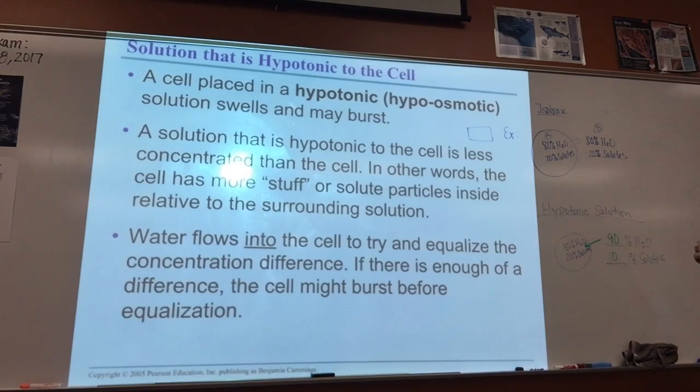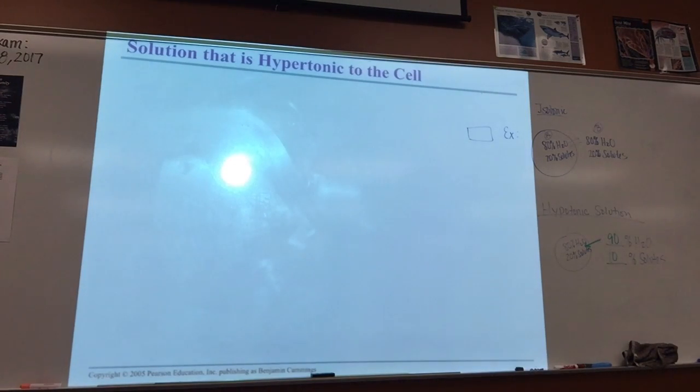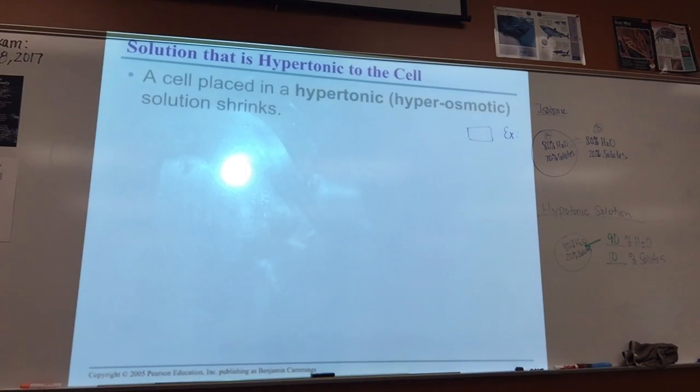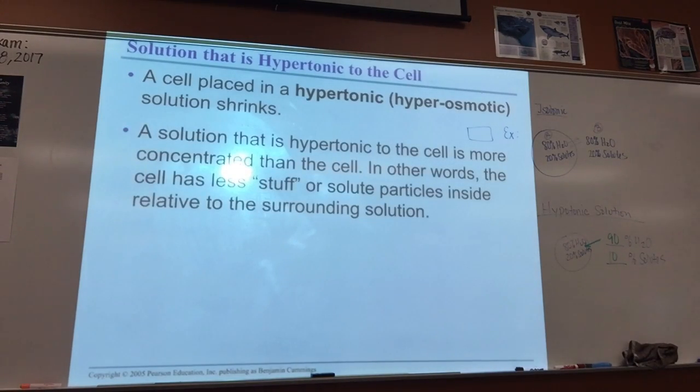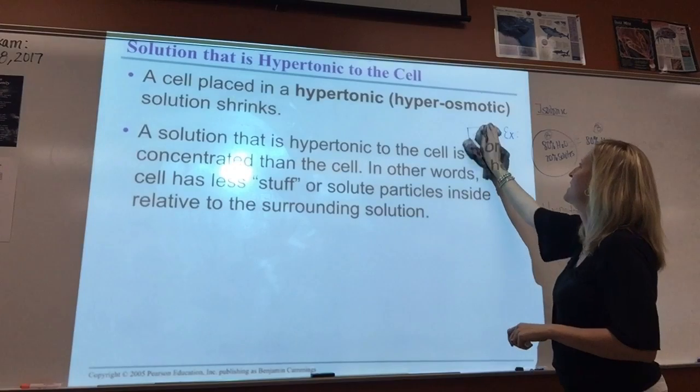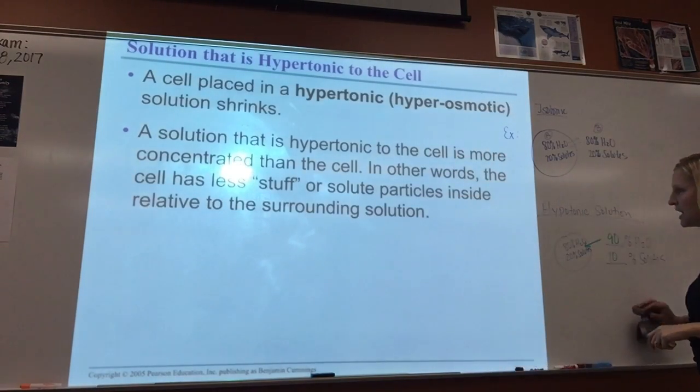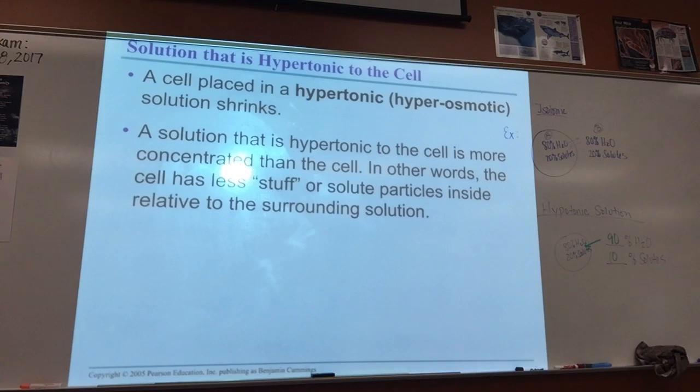I want to look at the next one, which is hypertonic. A cell placed in a hypertonic or hyperosmotic solution actually shrinks. A solution that's hypertonic to the cell is more concentrated than the cell. In other words, the cell has less stuff, or solute particles, inside relative to the surrounding solution.